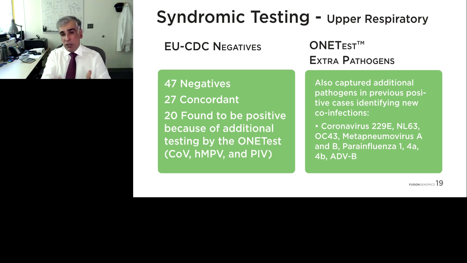And because we were targeting every known upper respiratory pathogen that's part of the panel, we were able to identify many infections which couldn't otherwise be targeted using PCR assays, or they were already doing 198 assays, so it becomes a problem. And we were able to easily identify COV, HMPV, and PIV.